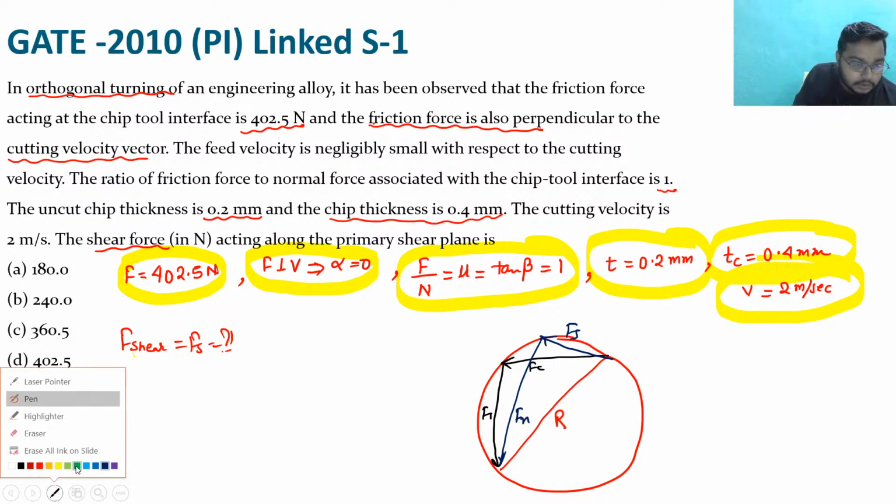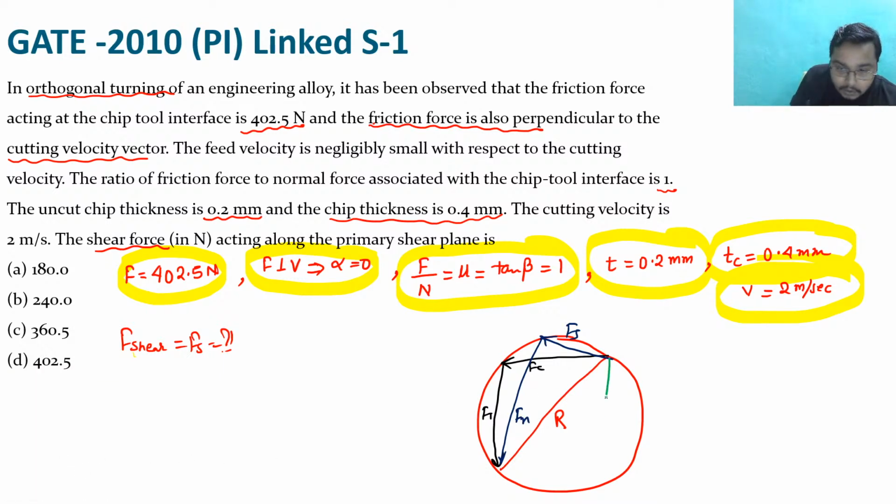Next is your F, which is the frictional force, and this is the normal to the frictional force. This is beta, this is phi, and there is a tool here, so this angle is beta minus alpha. These things are clear to you. Now please try to solve this question.